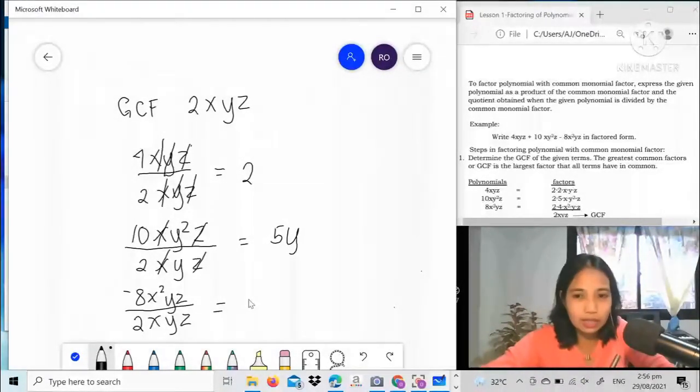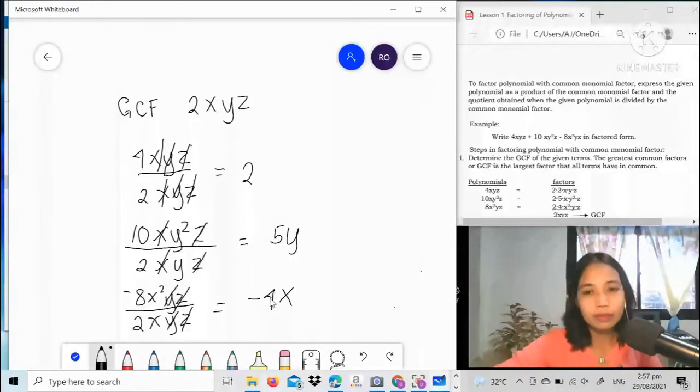The answer is negative 4. And in terms of x, we divide x squared divided by x. So subtract 2 minus 1. So the answer is x raised to 1 or x. Then in terms of y, magkatulad ang kanilang exponent. So we cancel this out. In terms of z, ganun din. Mawawala ang z. So the answer here is negative 4x.